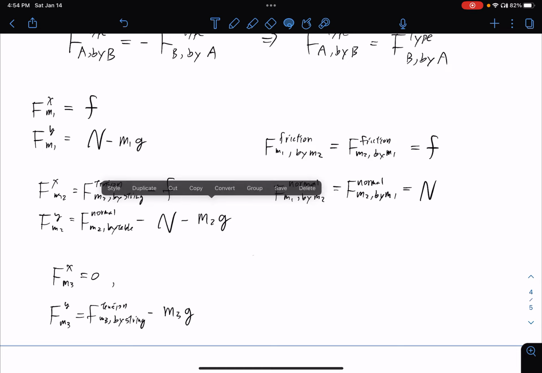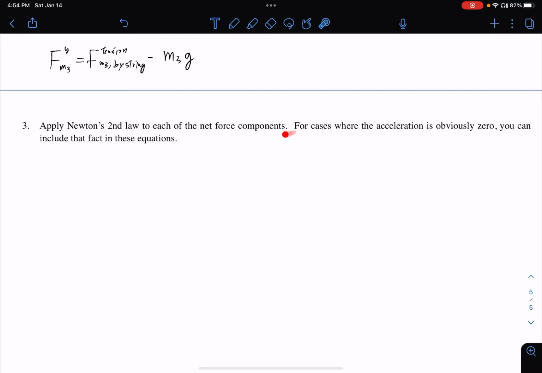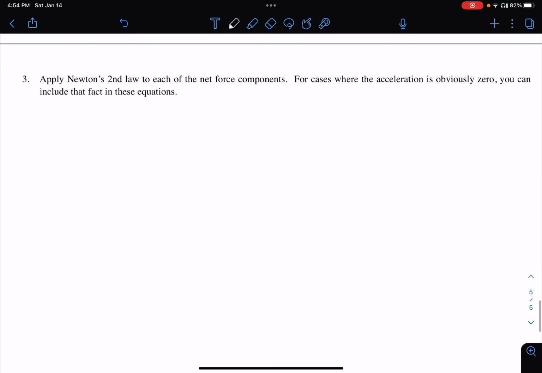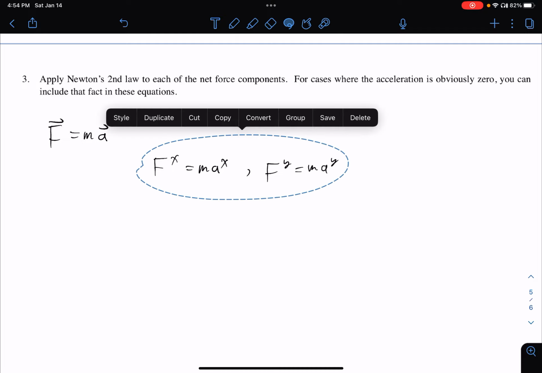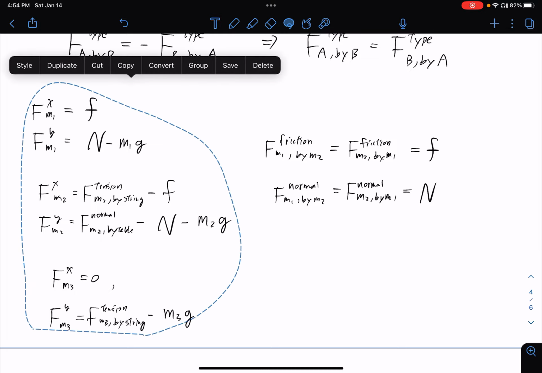Good. So now we can apply Newton's second law to each of the components. Newton's second law says that F equals ma. In each component, it means that the x component of force equals mass times the acceleration in the x direction, y equals y, z equals z, etc. And in our equation, we have all this stuff.